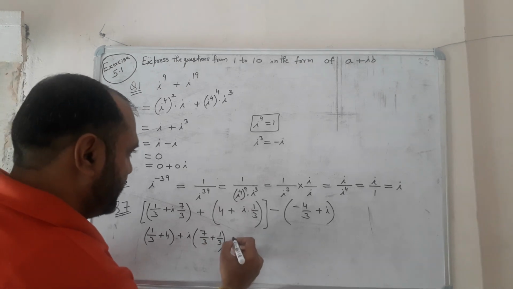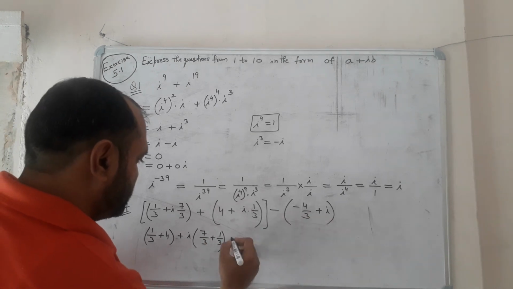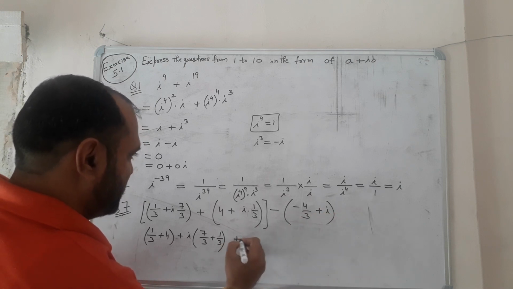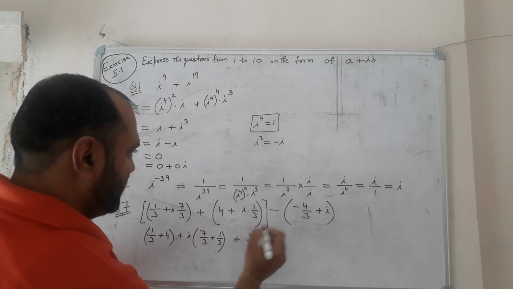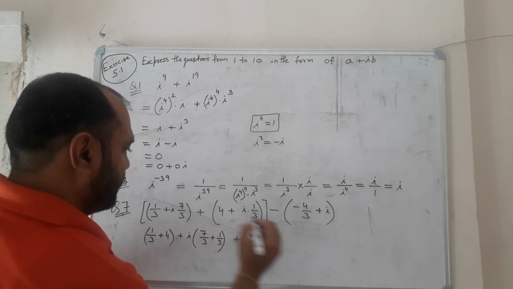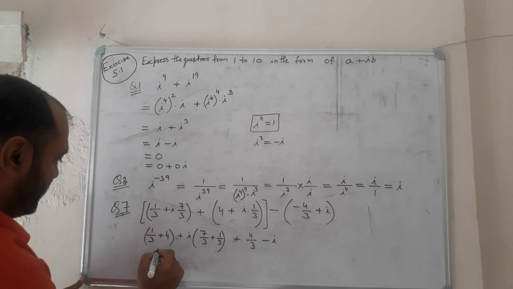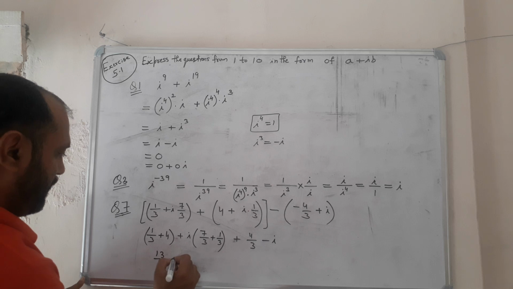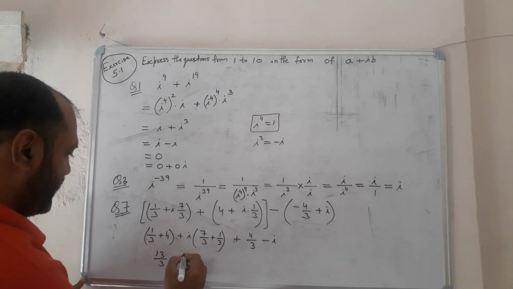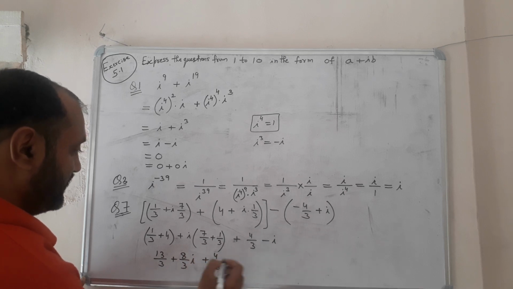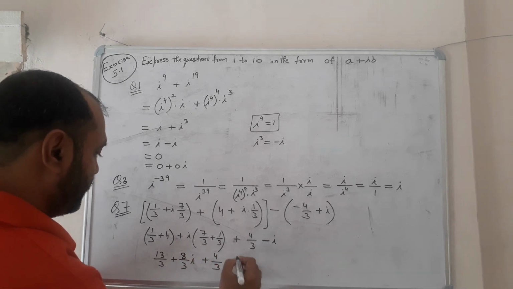Then it is minus; I am opening this bracket, this becomes plus 4 by 3 minus iota. When you take LCM, we get 13 by 3 plus 8 by 3 iota plus 4 by 3 minus iota.